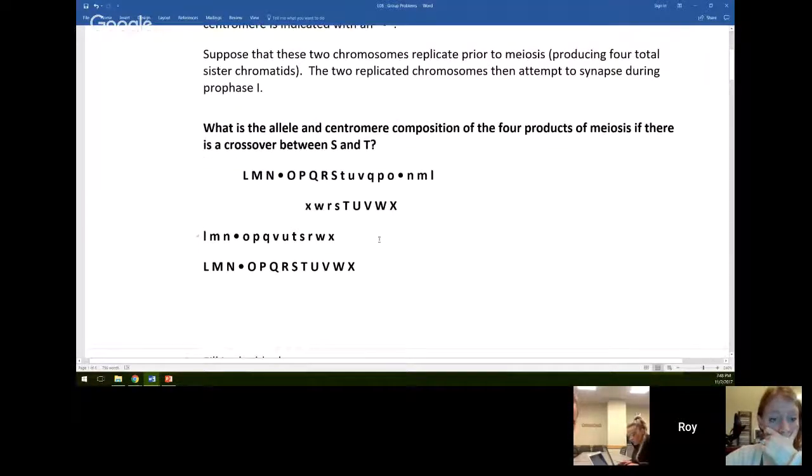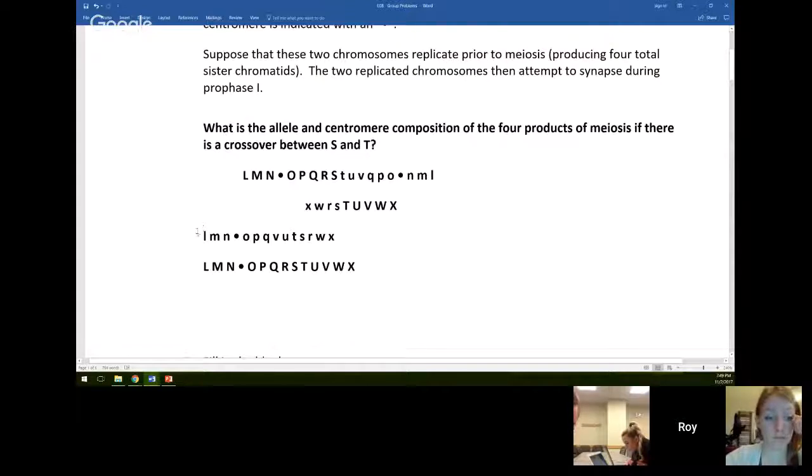So what you end up with is LMN, then you have a centromere, OPQRS, and then you'll have the little t, UVQPO, and ML. And then you'll end up with one that's the XWRS, then the big T, big UVWX, and that one doesn't have any centromeres in it.